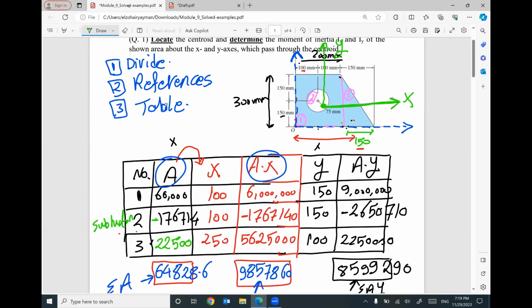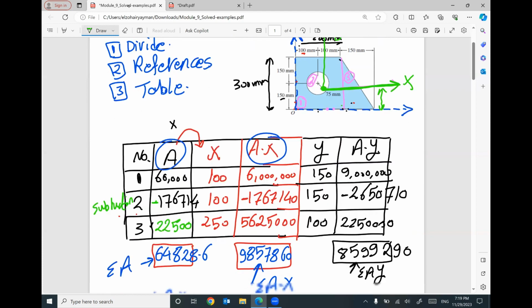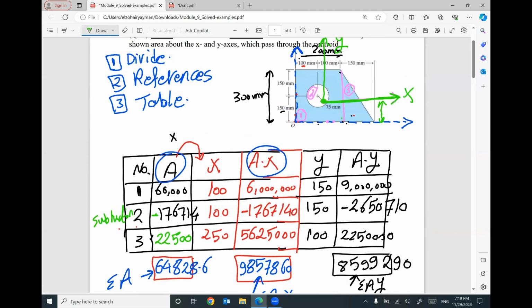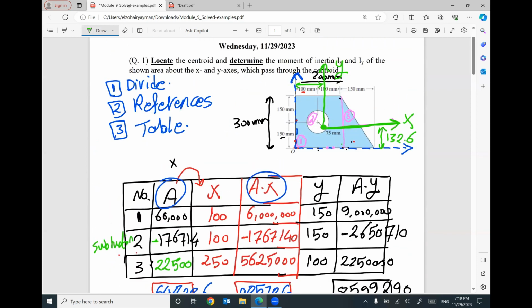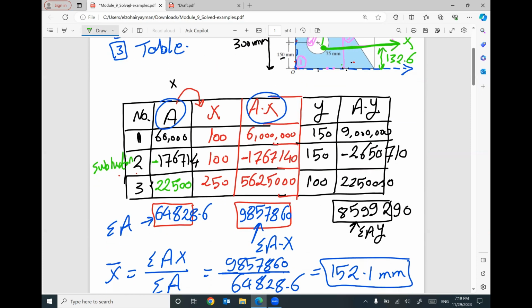Keep in your mind, this vertical distance is y bar, 132.6, and this horizontal distance is the x bar, 152.1.